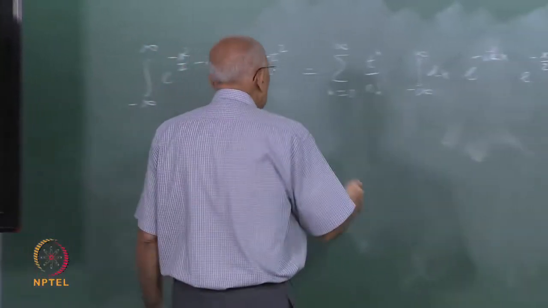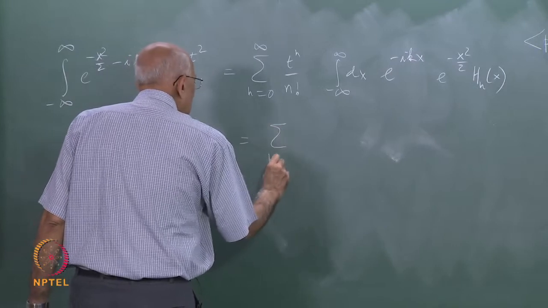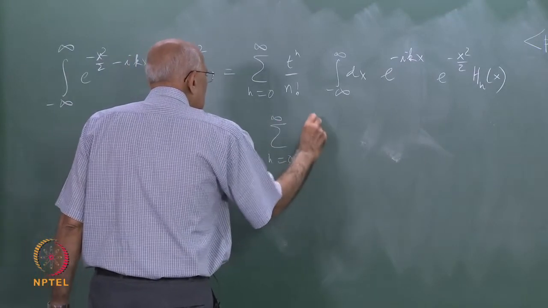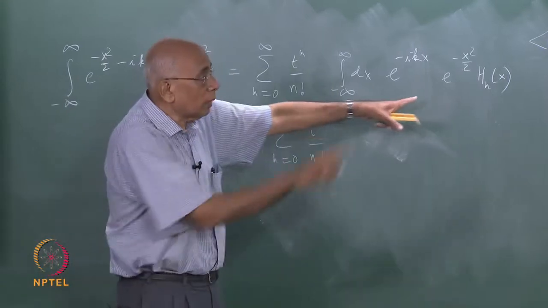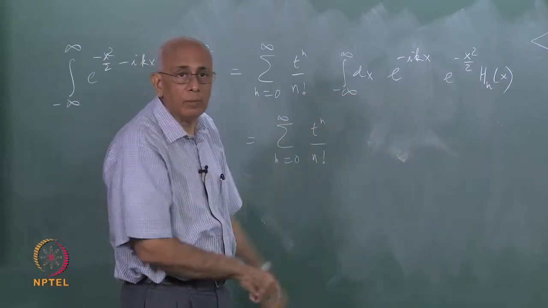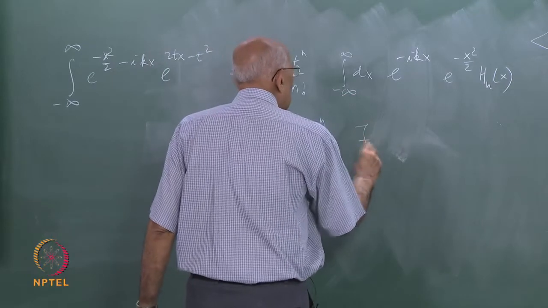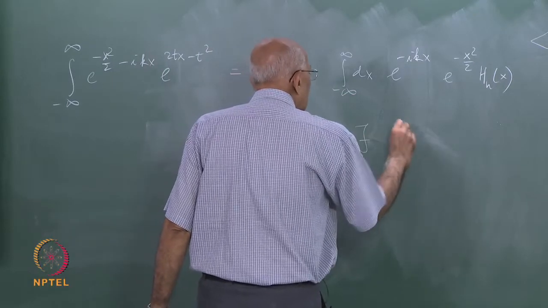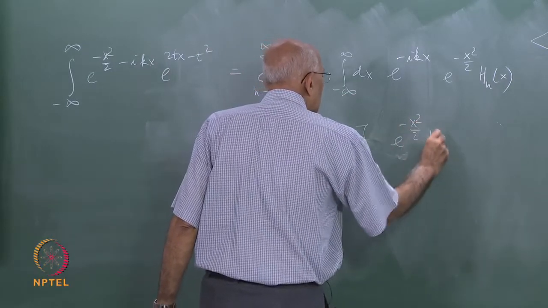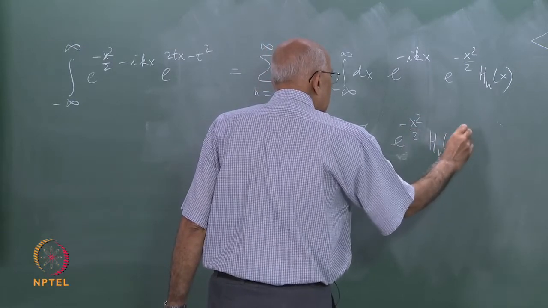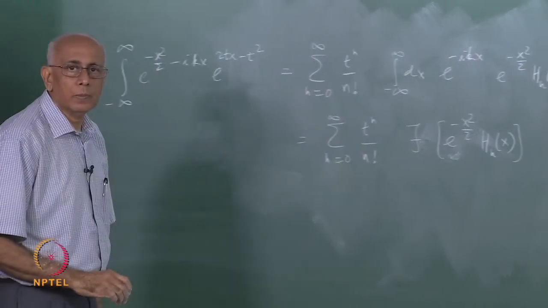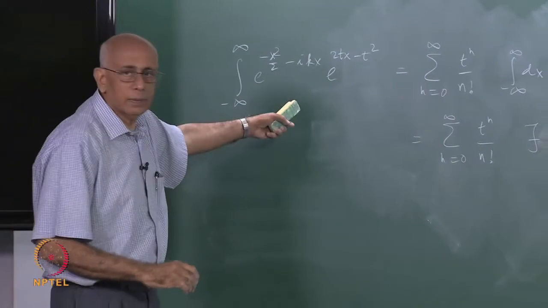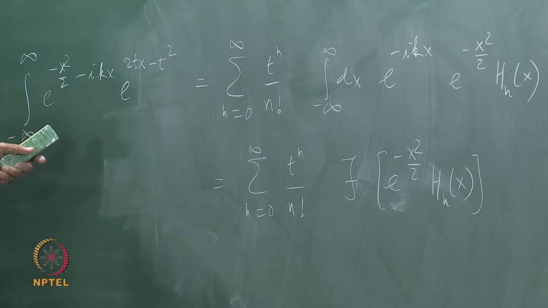But what is this equal to? This is the summation n equal to 0 to infinity of t to the n over n factorial times the Fourier transform of what we want, of that wave function: the Fourier transform of e to the minus x squared over 2 Hn of x. And that is equal to this. This is a Gaussian integral, so let us write it out.